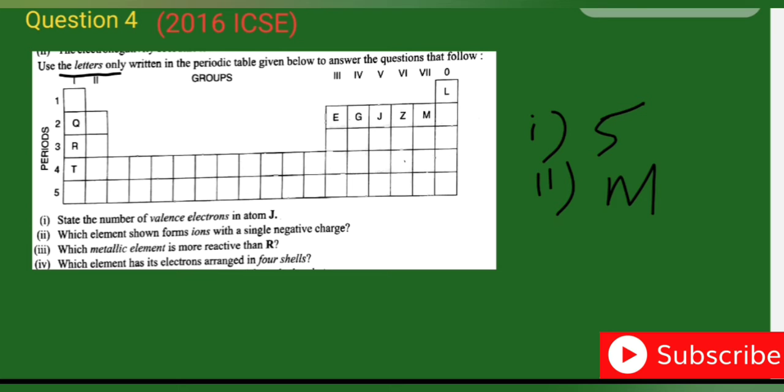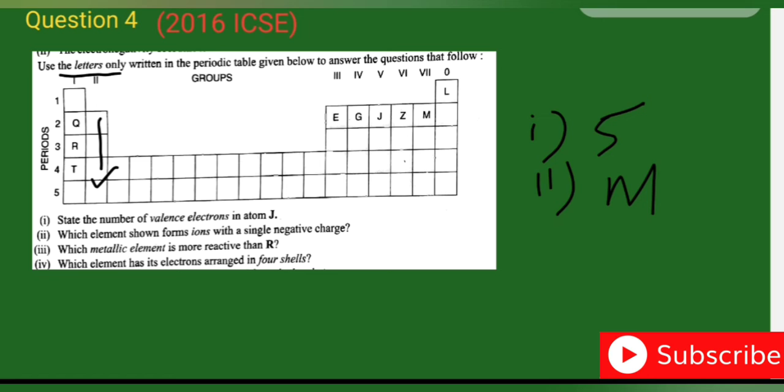Which metallic element is more reactive than R? You will come to where R is present: Q, R, T. Okay. So which metallic element is more reactive than R? If we see, these elements are present: Q, R, T. All elements are metallic in nature.